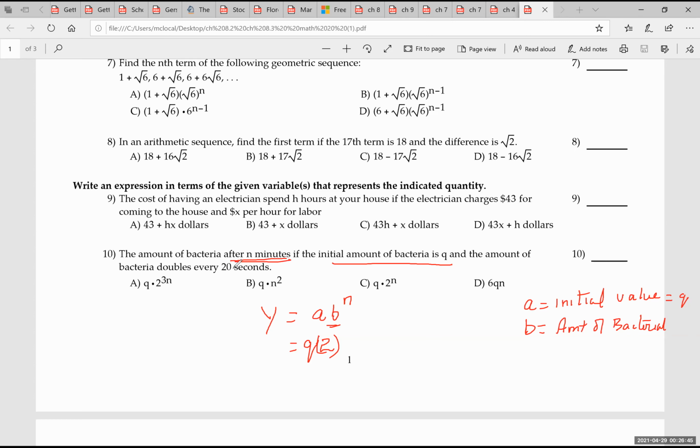So I have to convert that 20 seconds to minutes. So I'm going to divide 60 by 20. So we have Q times 2 to the power of 60 divided by 20, which is 3, so Q times 2 to the 3n will be your answer. Since it's minutes, you have to convert the seconds to minutes.